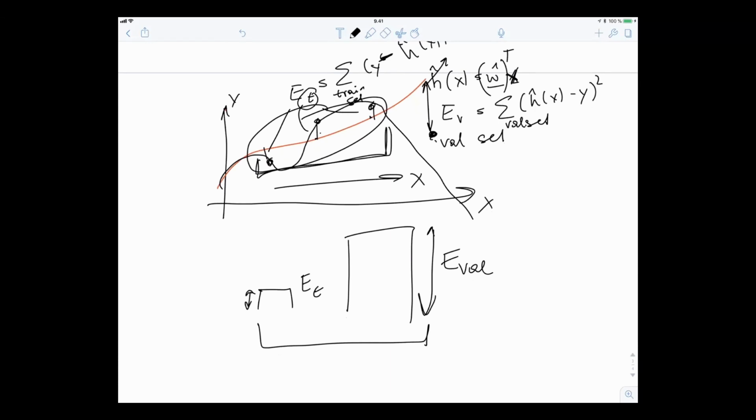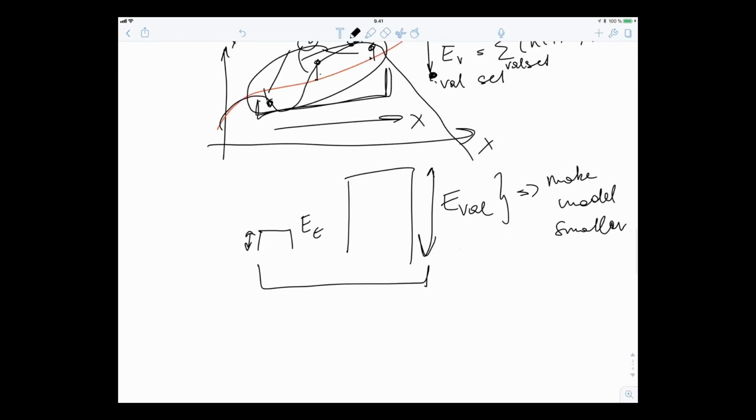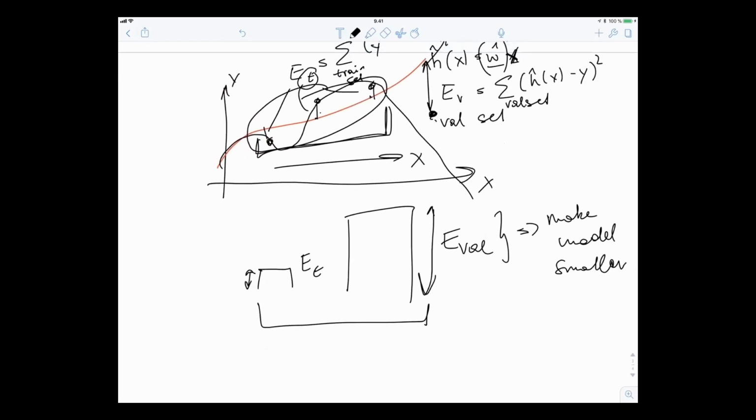So what you could do is reduce the model size, make models smaller. How would that be implemented for a linear model? Let's say we have used a linear model, where we find the parameters for a linear map, and got this result. How can we make this model smaller?